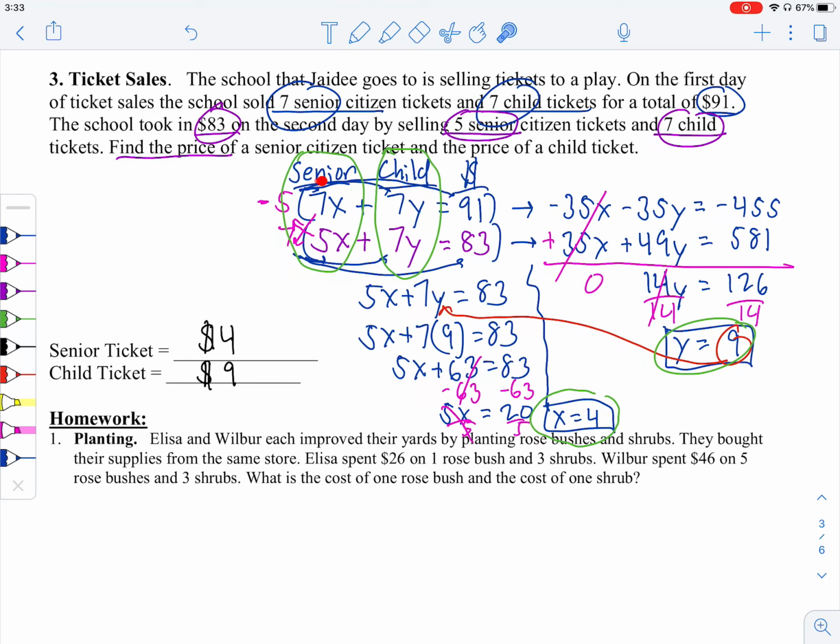All right, so we're just setting up our categories in columns, set up our system, and then we solve our system as usual, like we've been practicing. And then make sure when you answer, your x numbers match up with your x column, whatever units or category that is, right? Senior tickets, $4. y's match up with your y column, which is child, so that's $9.